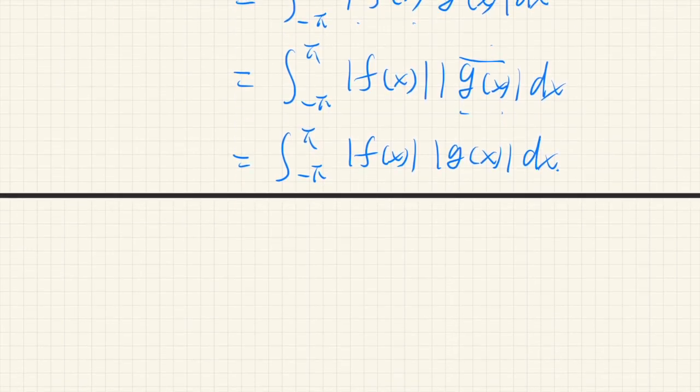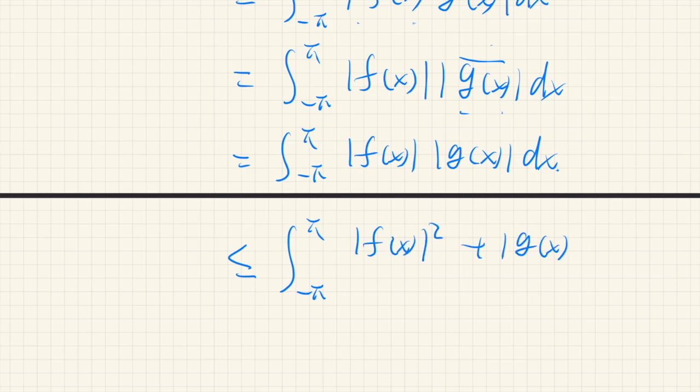Again, using the fact that the arithmetic mean is greater than or equal to the geometric mean, this is less than or equal to the modulus of f of x squared plus the modulus of g of x squared, over 2.